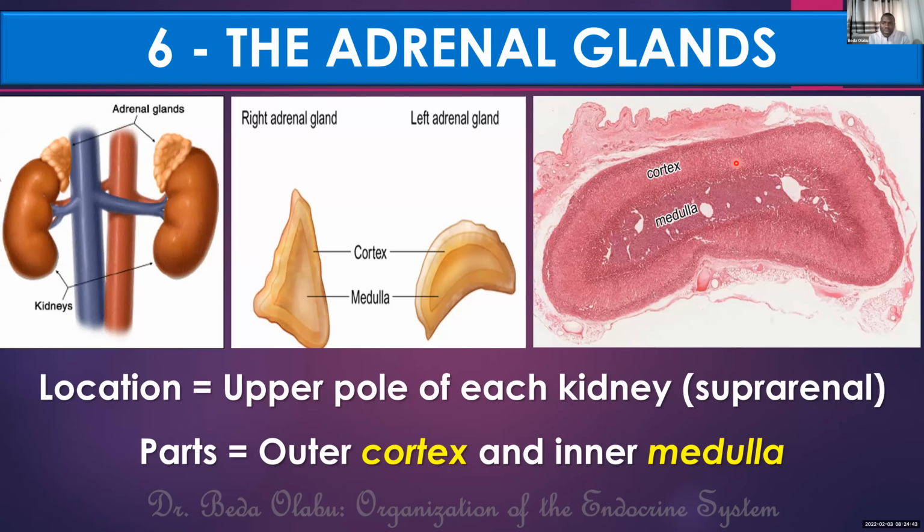So that's the adrenal cortex. It looks more compact. It's all round than the adrenal medulla there. These two parts of the adrenal gland have different embryonic origins and different functions, as we are going to see. Adrenal cortex and adrenal medulla.